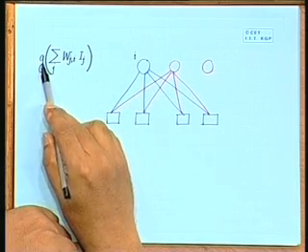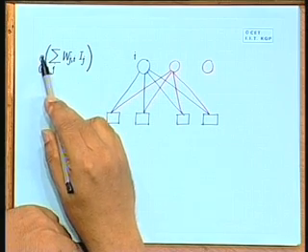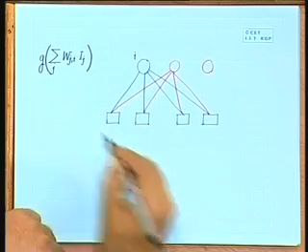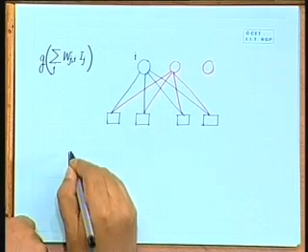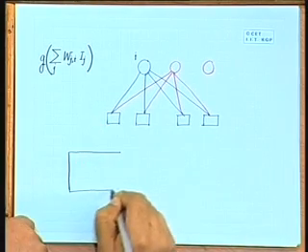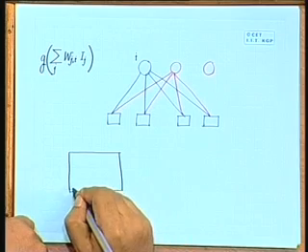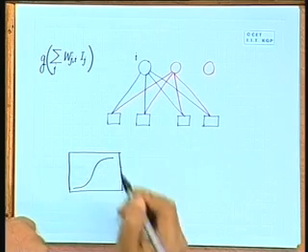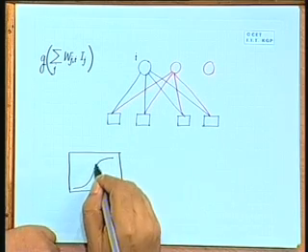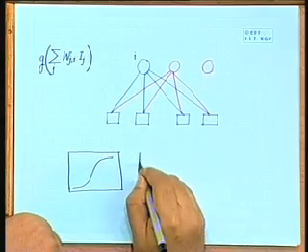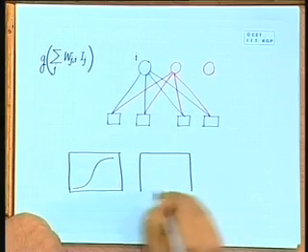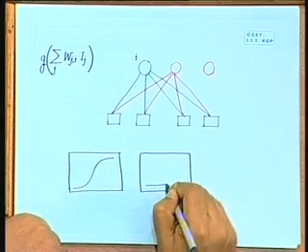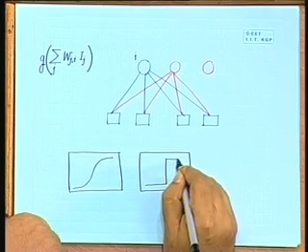And we saw that there can be different kinds of functions for g, of which the two most common ones are the sigmoid function, which looks like this, where the input changes gradually, or it could be a threshold function, which means that the moment you reach the threshold it will simply switch on.